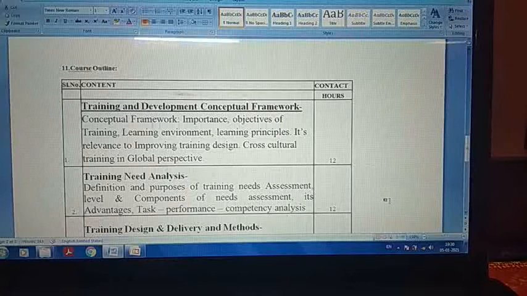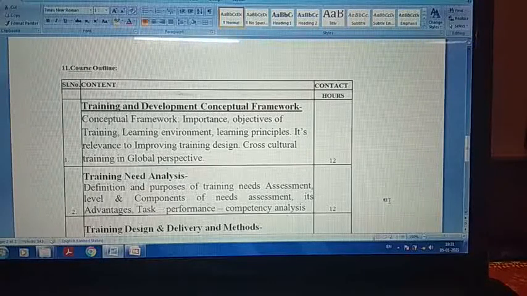Then learning environment. So learning environment is also very, very important, because unless there is learning environment, of course there won't be any training and development. So we have to create that learning environment where people are interested to learn, then only they can be trained and developed. So this environment is very essential. Then learning principles.